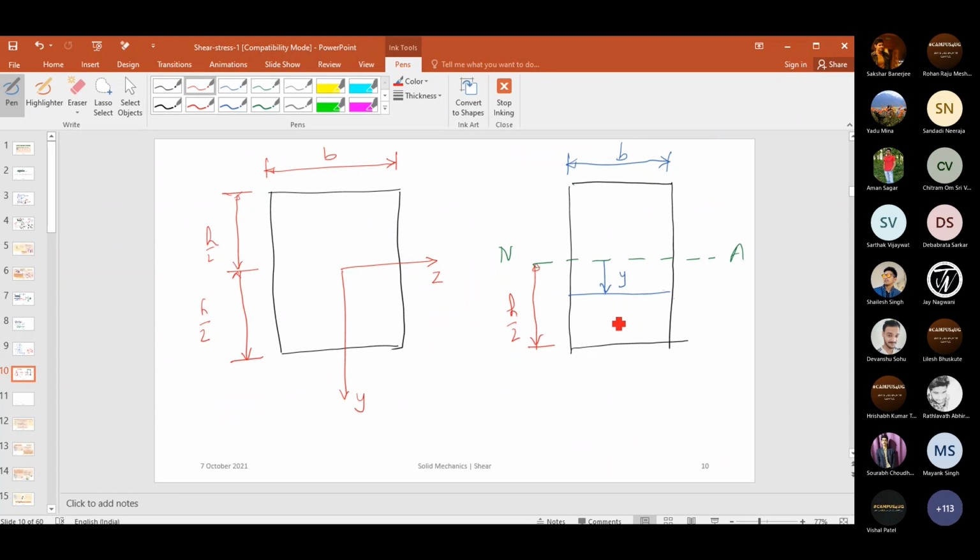Now to do that, oh, time is running out. Let's say we will locate the neutral axis somewhere here. Thank God it didn't go. Hope it won't go. This is h by 2 minus y.